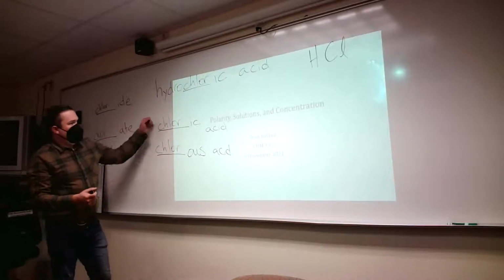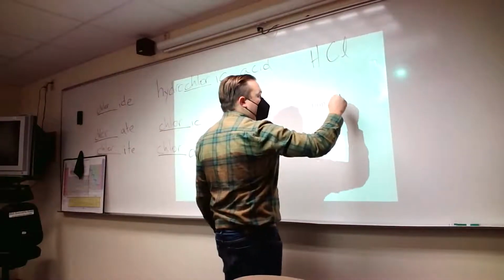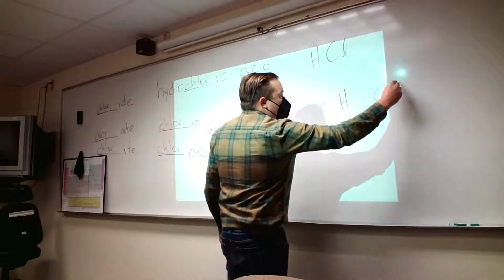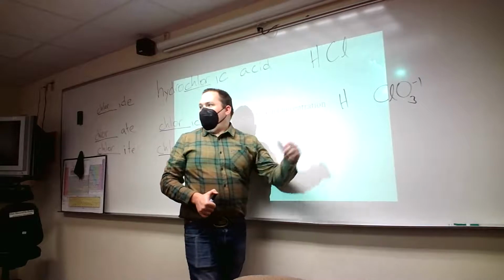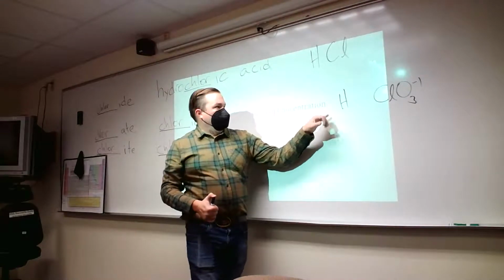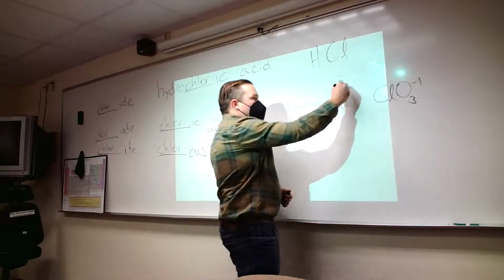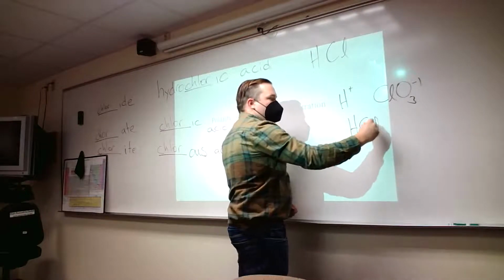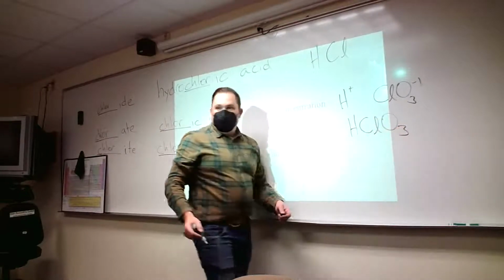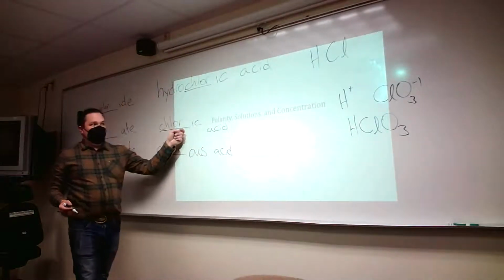Right, so the formula for chloric acid: chlorate is ClO3 with a -1 charge, right? So to add enough H pluses to make it neutral, we only need one of them. +1, -1. So HClO3 would be chloric acid.